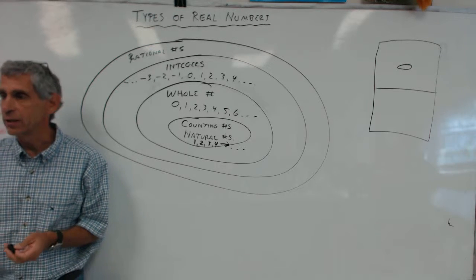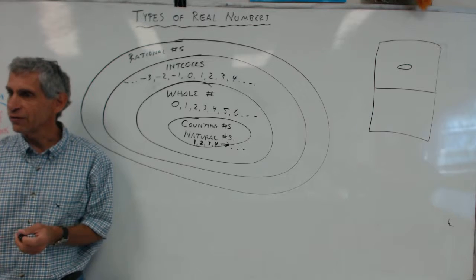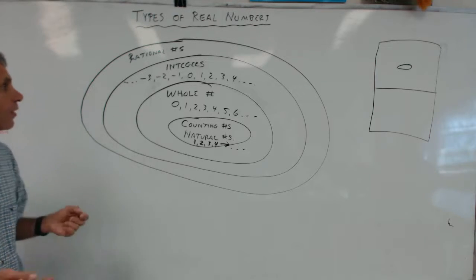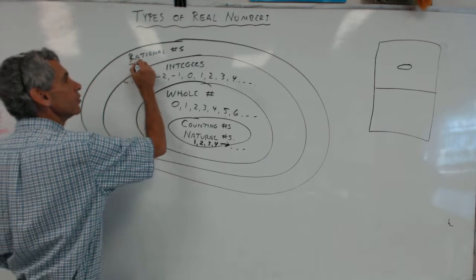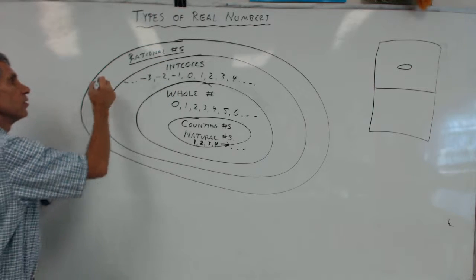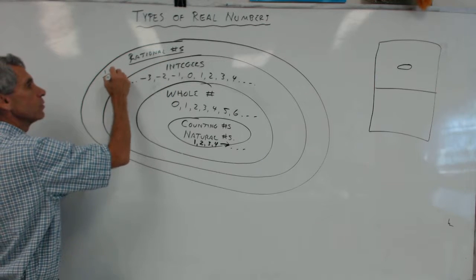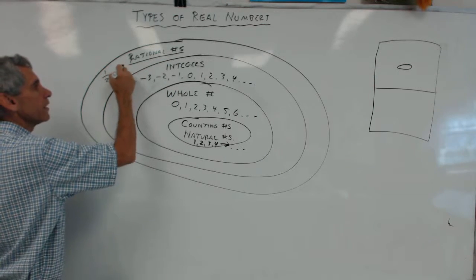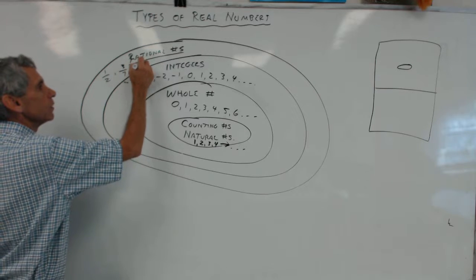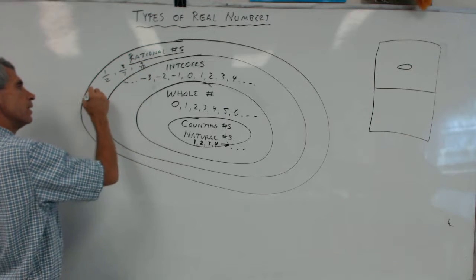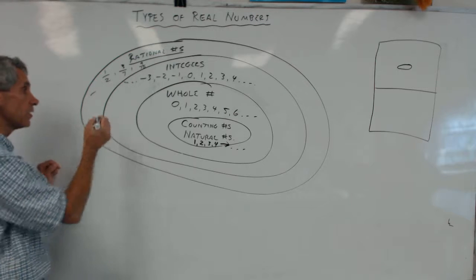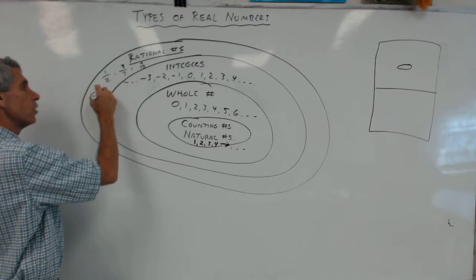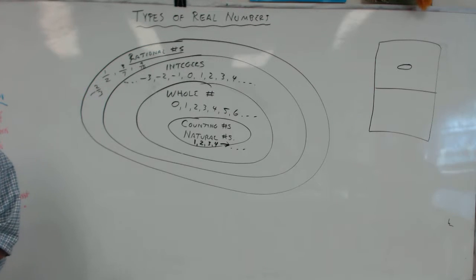A fraction. Oh, there's the fractions that we've been looking for. So rational numbers are ratios, they're fractions. So 1/2, 3/7, 9/10. Can they be negative? Yes, they can be negative. -2/3, they can be anything, as long as they're a fraction.